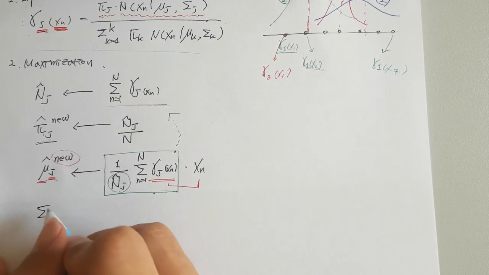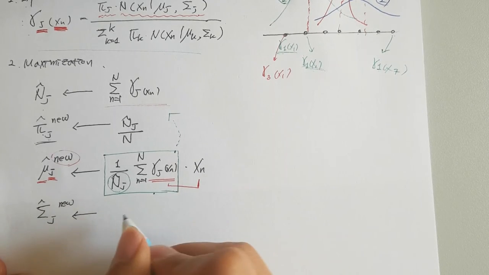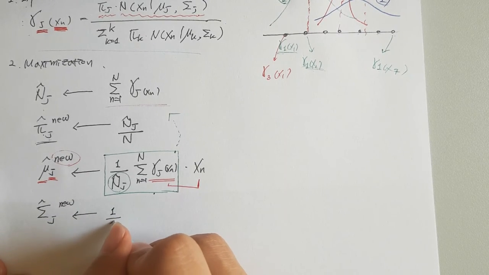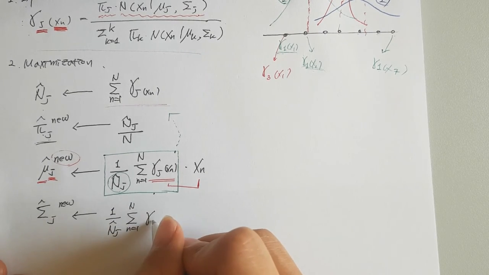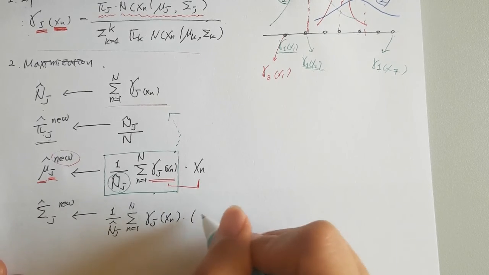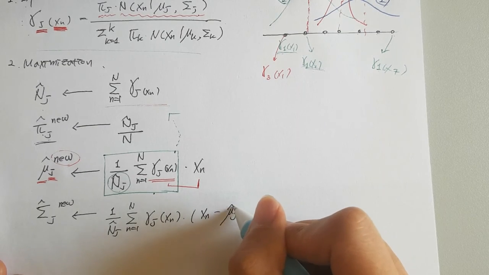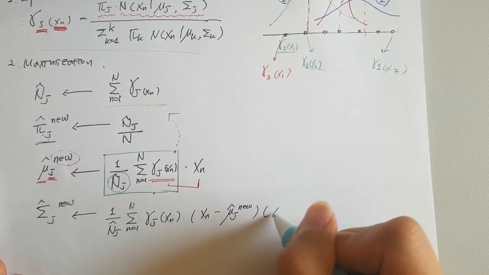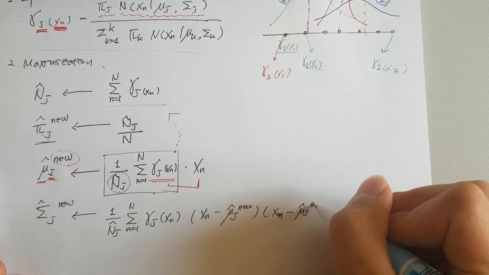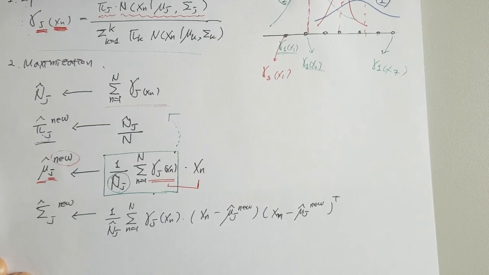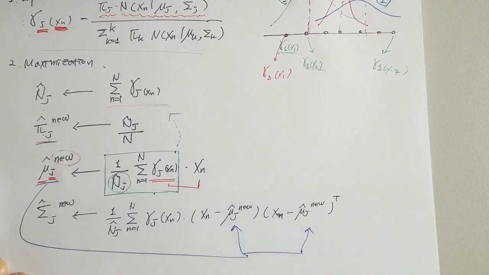Lastly, this is the new variance, and the equation is again really intuitive. Here xn minus mu j new, times xn minus mu j new transpose, and you can see this value is used here and again here.